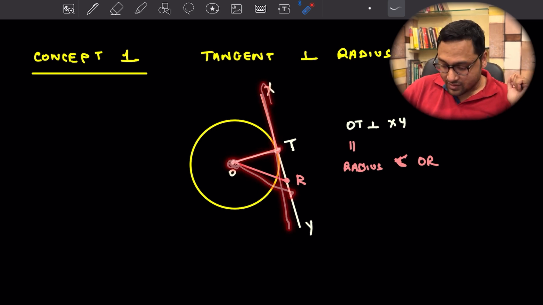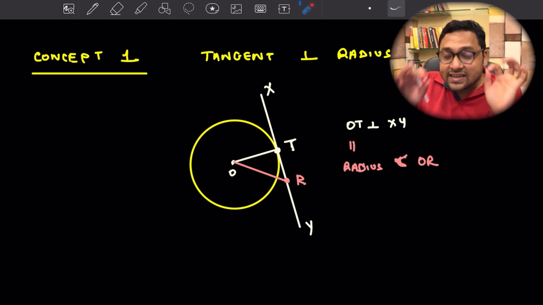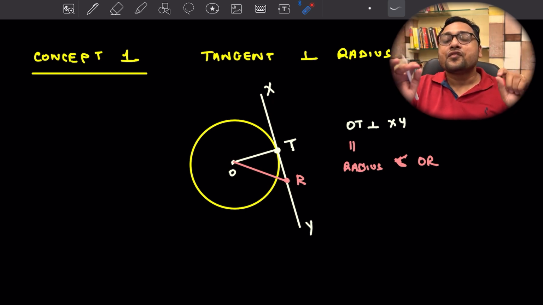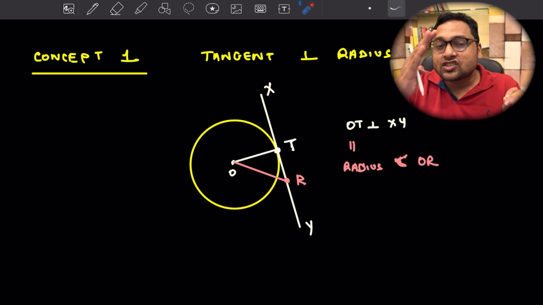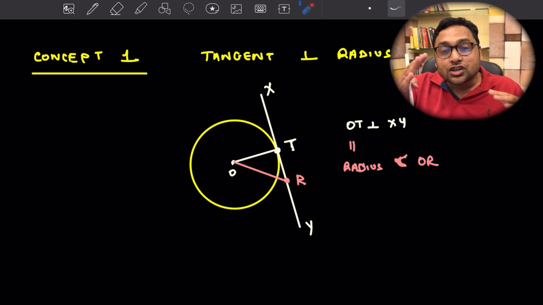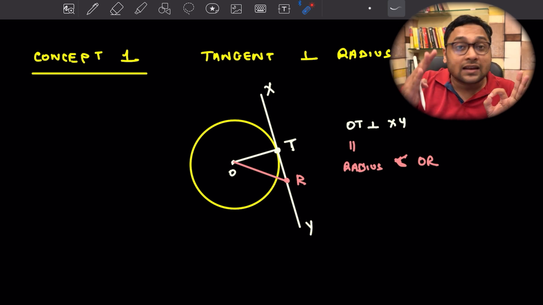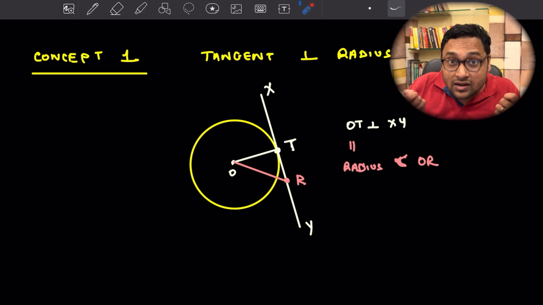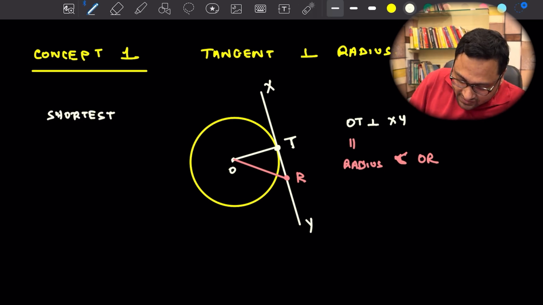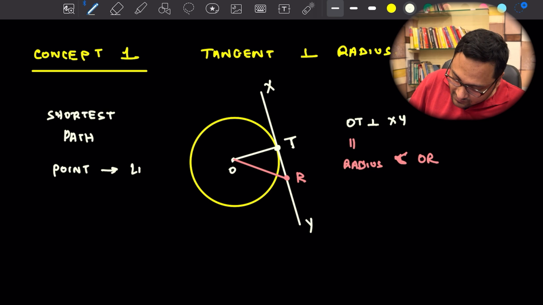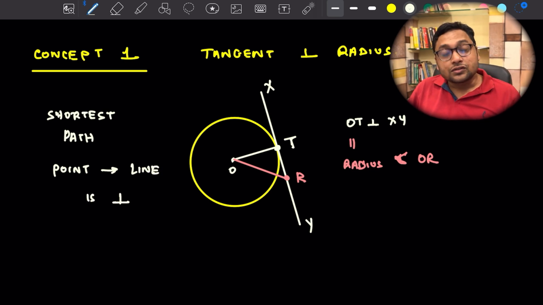Right? Okay. So OT is the shortest path from the point O to the tangent line, and shortest path from a point to a line is a perpendicular line. Shortest path from point to line is a path that is perpendicular to the line.